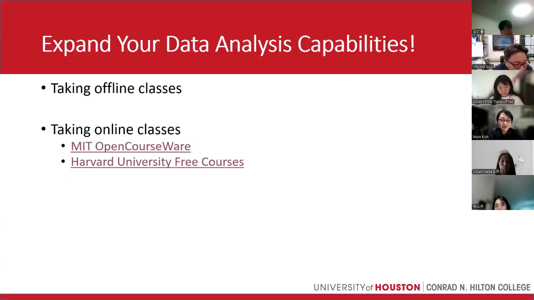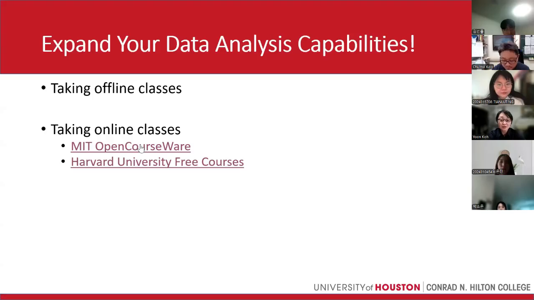The other way to do it is taking online classes. MIT and Harvard, really top universities in the world, actually open their courses and it's free. MIT OpenCourseWare, for example, has artificial intelligence. AI is really a hot topic, and this is a great time to be exposed to those topics.